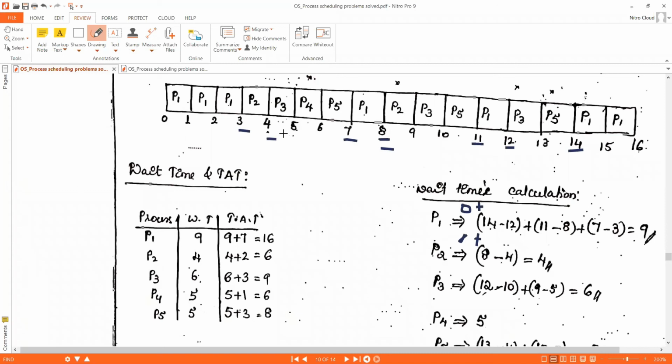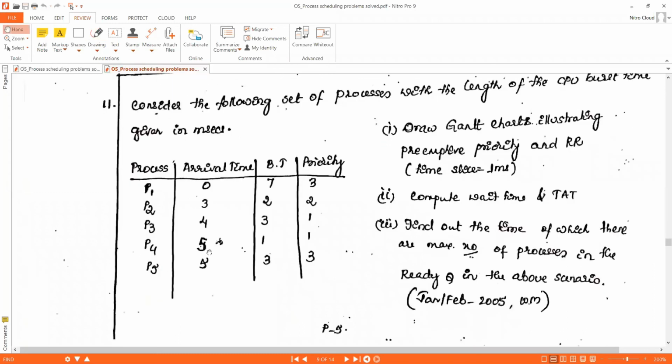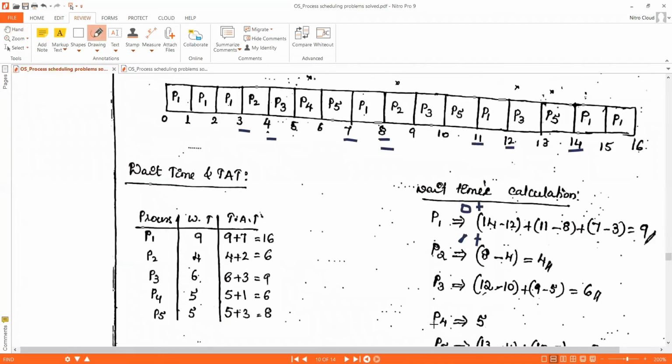Next, process 3's allotted time is 4 milliseconds minus its arrival time, which is 4 milliseconds. 4 minus 4 is 0 milliseconds, plus process 3's last allotted time. Process 3's last allotted time is 12 milliseconds minus its previous preempted time, that is 10 milliseconds, plus its previous allotted time, that is 9 milliseconds, minus its previous preempted time, that is 5 milliseconds.